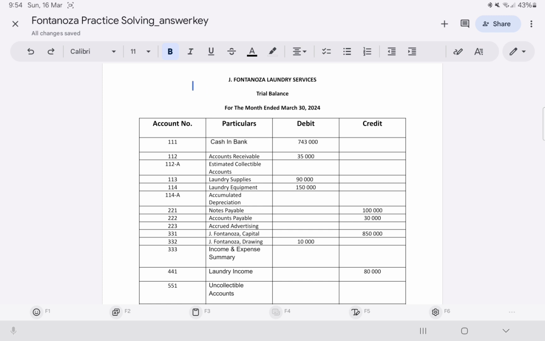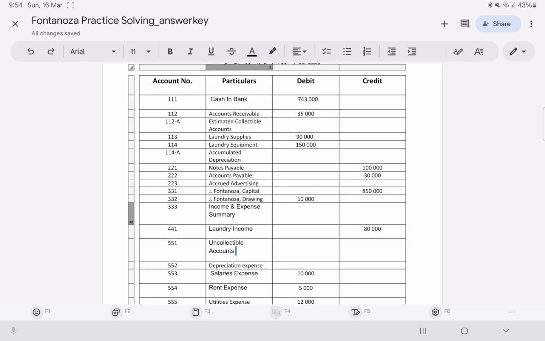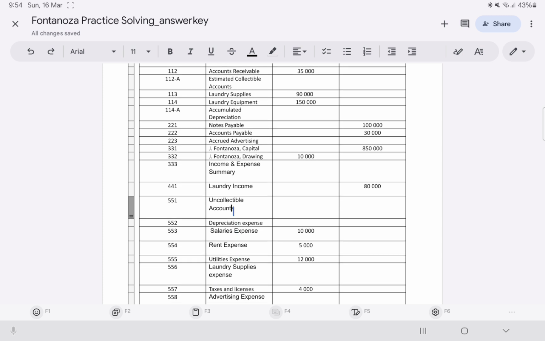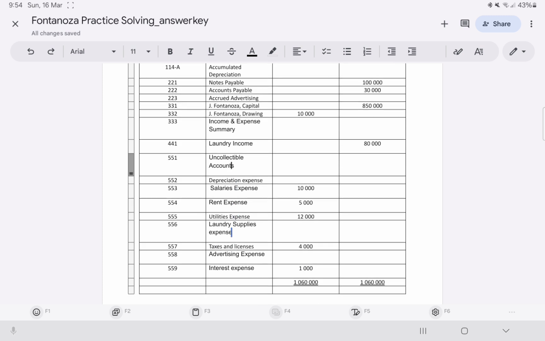There is no adjusted trial balance yet, because we have not yet solved the estimated uncollectible accounts, the accrued advertising, accumulated depreciation, income and expense summary, the uncollectible accounts, and the laundry supplies expense. Do you remember?